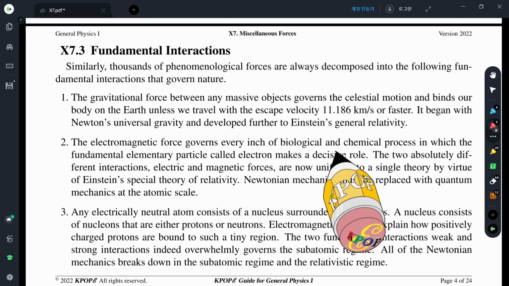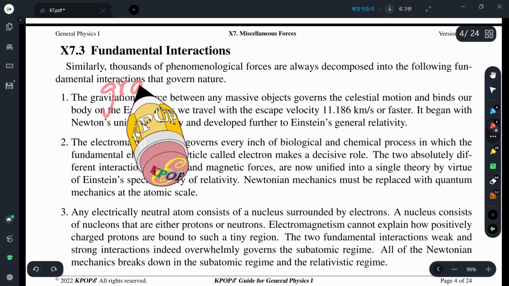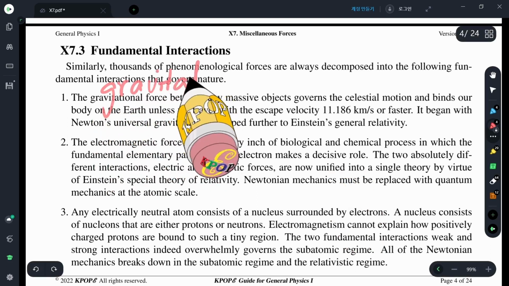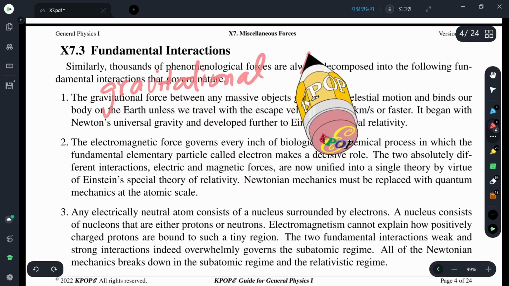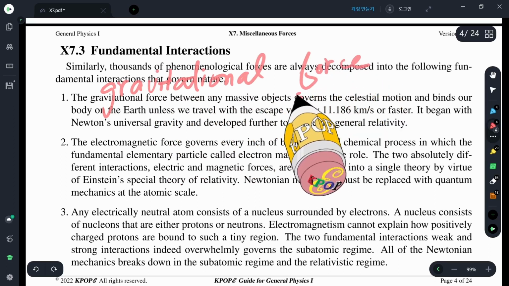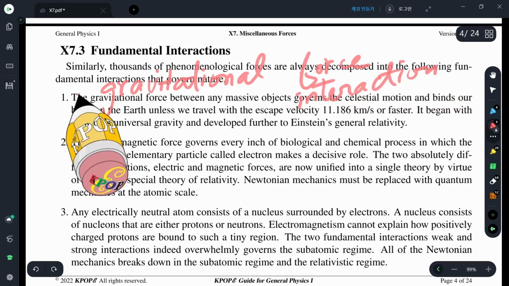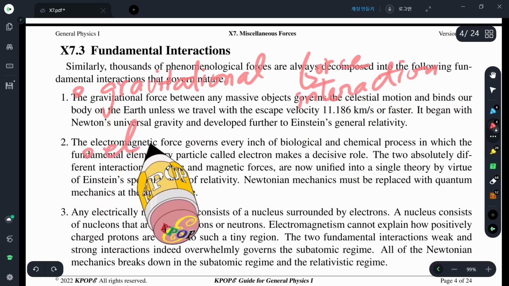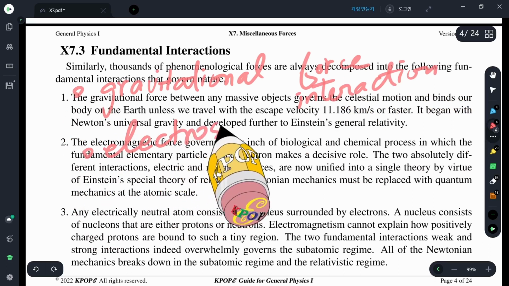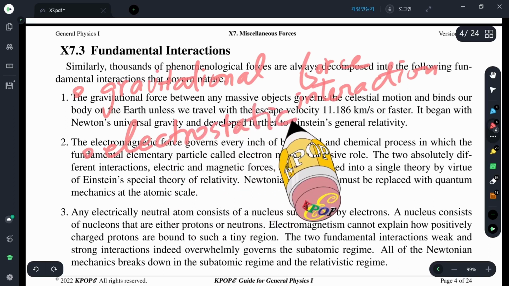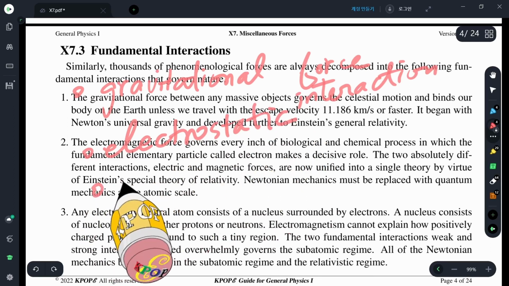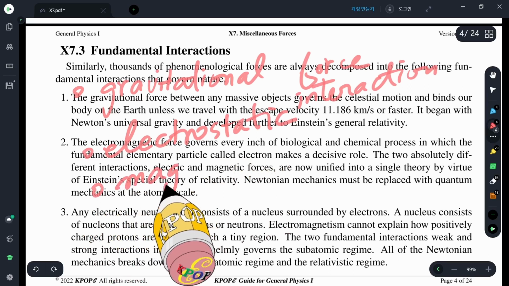And there are four fundamental forces: gravitational force, or interaction, electrostatic force, and magnetic force.